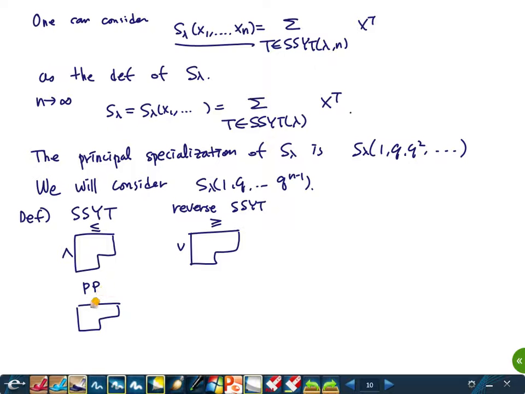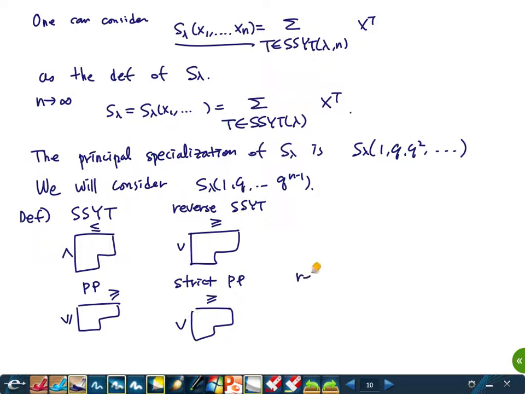Because the number of boxes stacked here will be the largest. So it's weakly decreasing along each row and column. And we also define a strict plane partition: weakly decreasing along rows, but strict along columns.